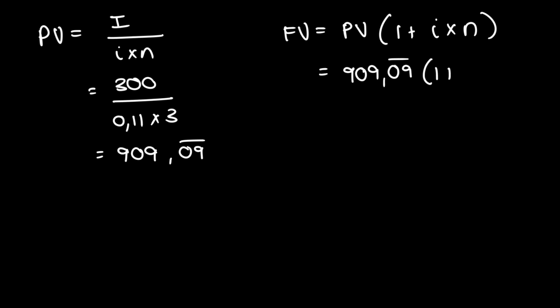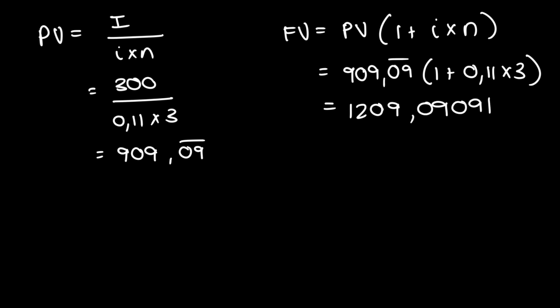And then 1 plus 0.11 times by 3, and that's going to give us 1209.09091, which rounded off is 1209.09. And we always use 2 decimal places when it comes to money.